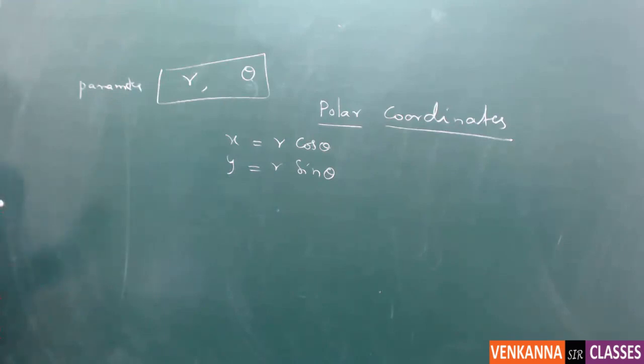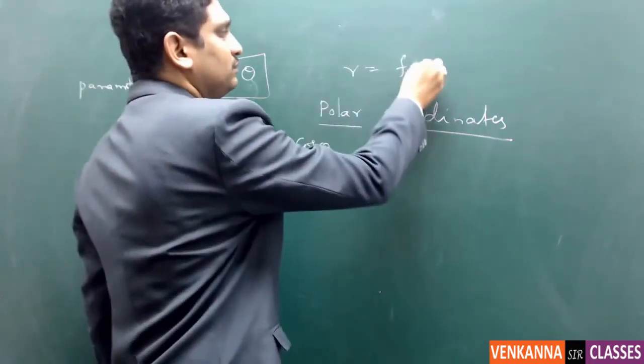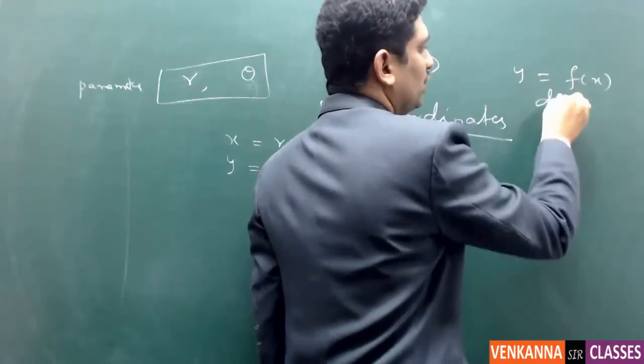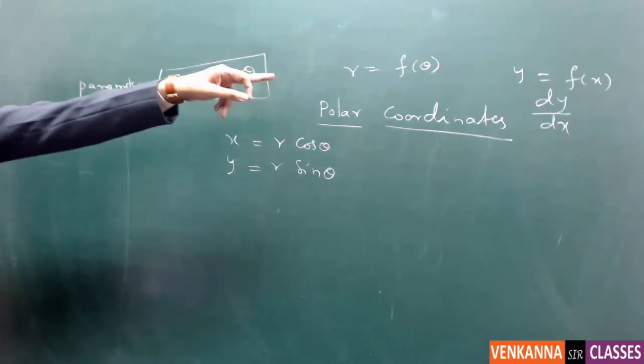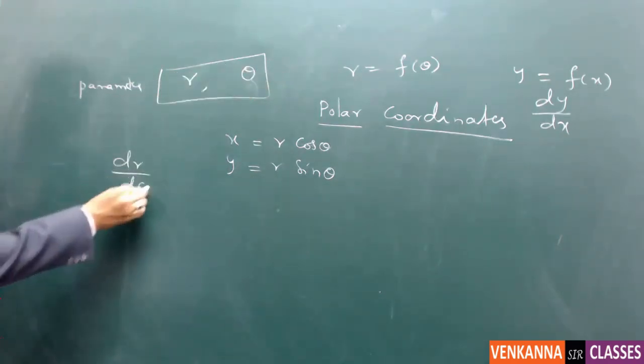So what happens? Usually we have to differentiate. Here we need to understand that r is a function of theta. As we know, y is a function of x, we do dy by dx. So here r is a function of theta, so we have to differentiate dr by d theta.